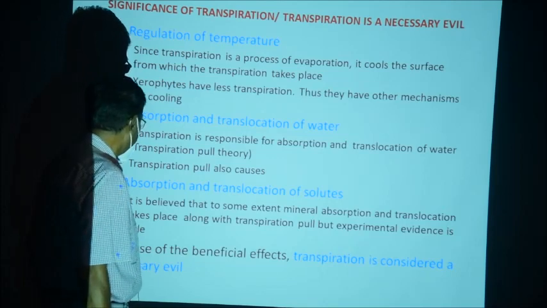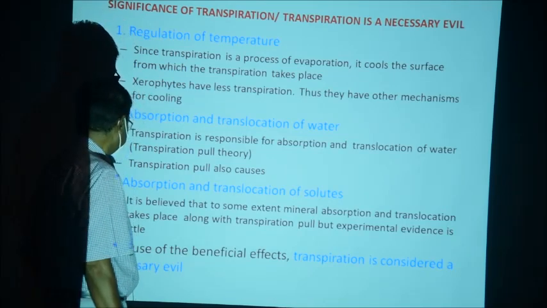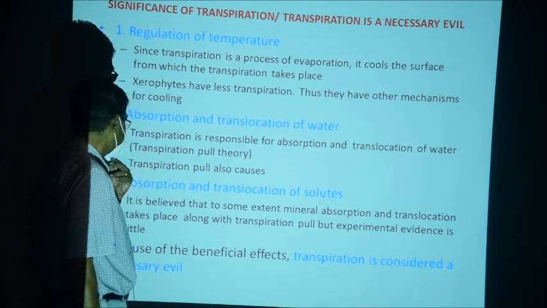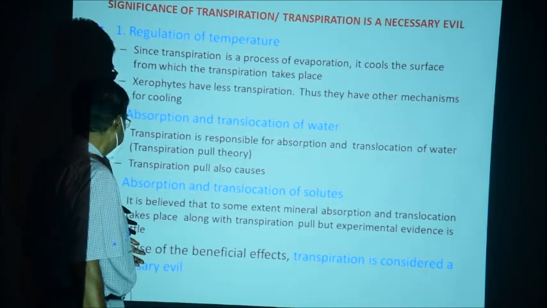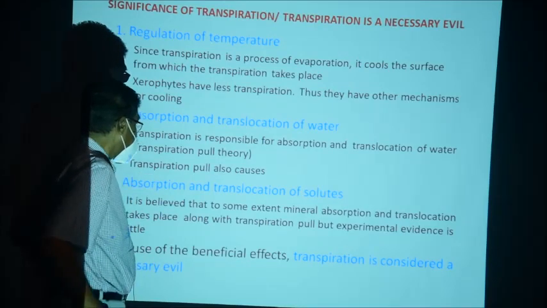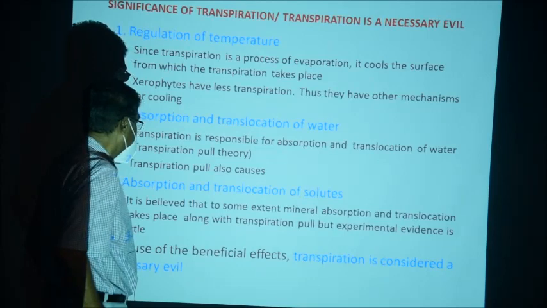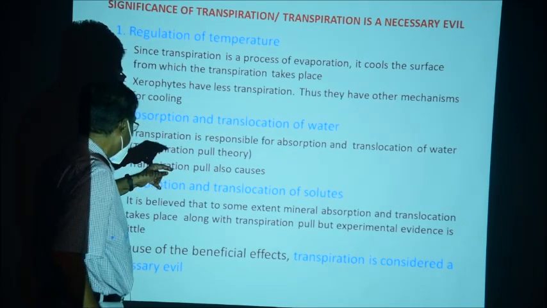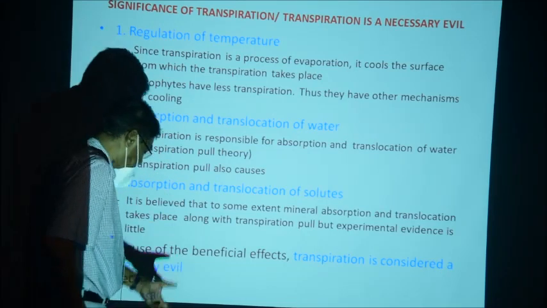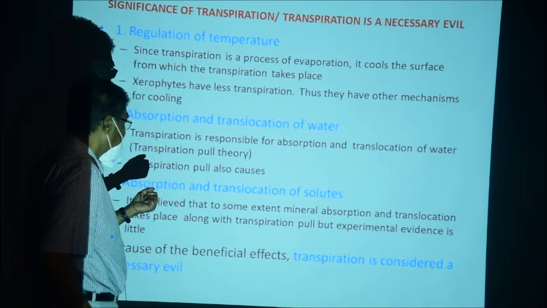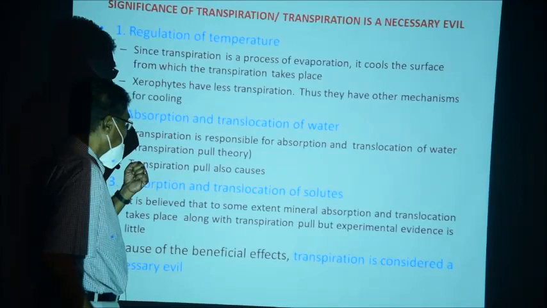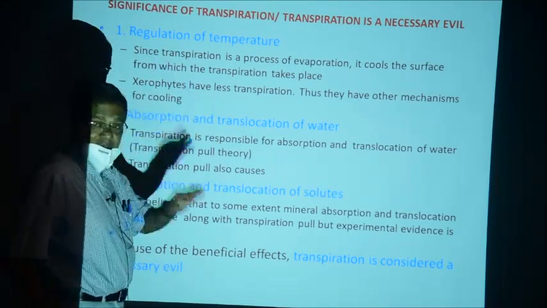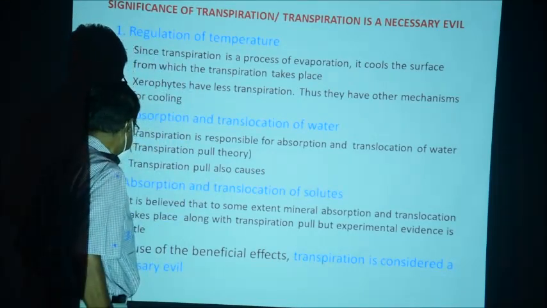Now, as we have already discussed in the previous topic, absorption and translocation of water is more in plants where there is more transpiration. So, transpiration is responsible for absorption of water, that is passive absorption of water, and translocation of water or ascent of sap.